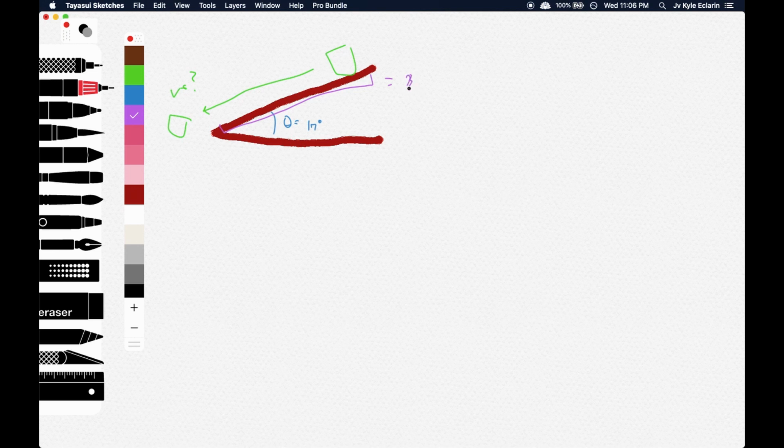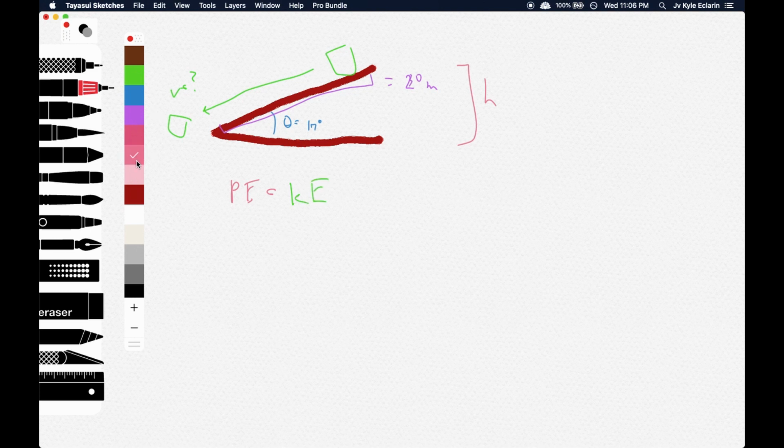Now, if we use energy methods, we can say that this block started at a certain height, h, right? And all of the potential energy gets converted into kinetic energy.